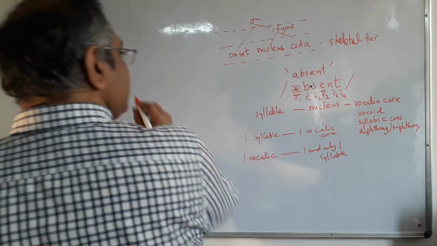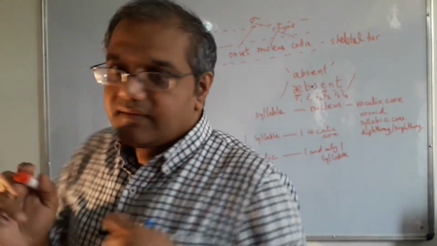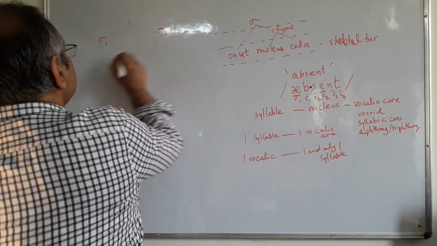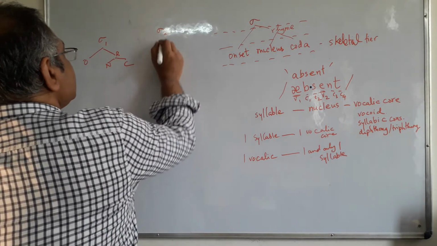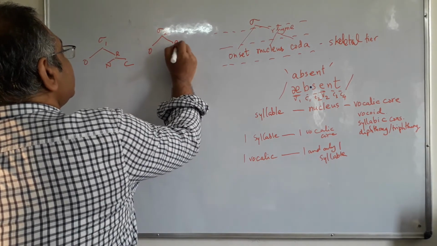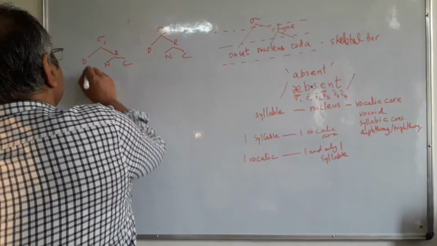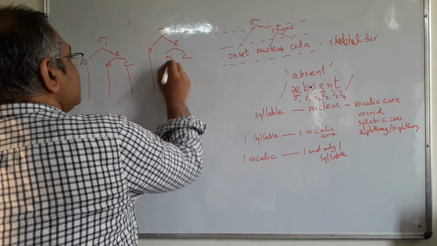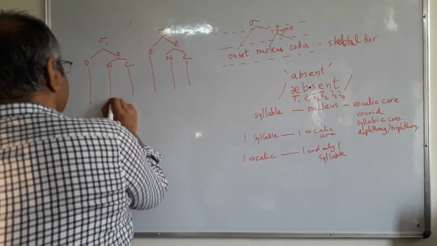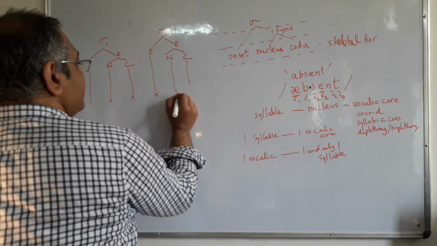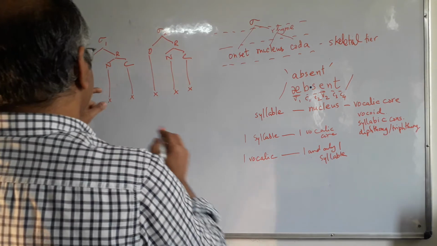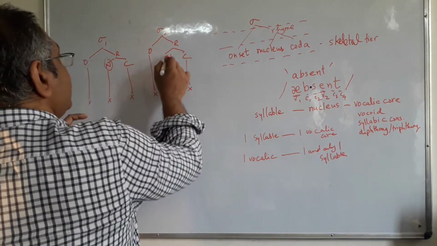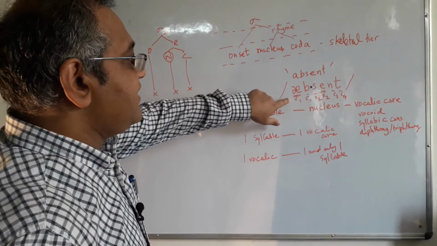So your structure would be something like two syllables, each with their own onset, rhyme, nucleus, coda systems, and then their terminal elements would be there, and this would be realized as the nuclei or the core of the syllables.